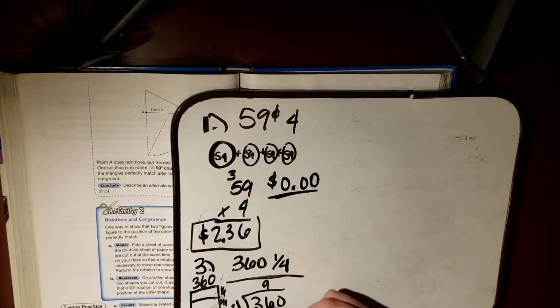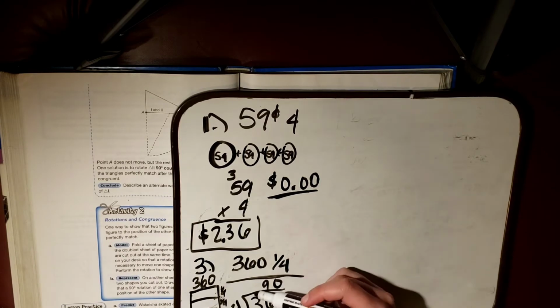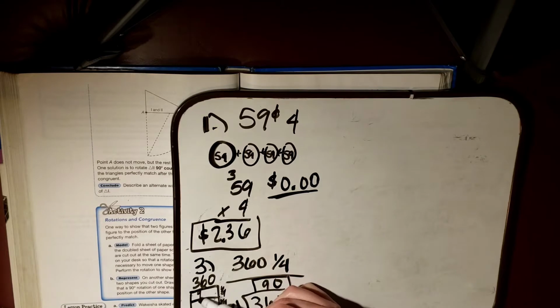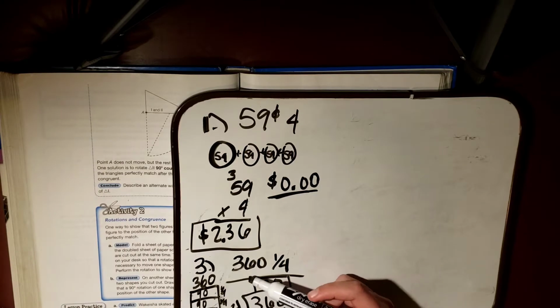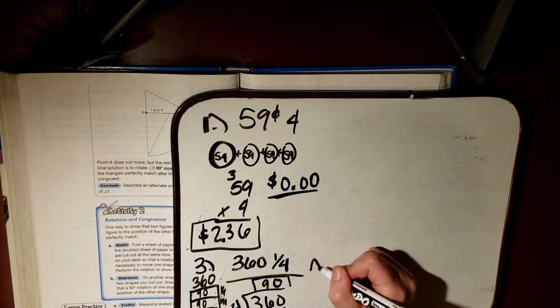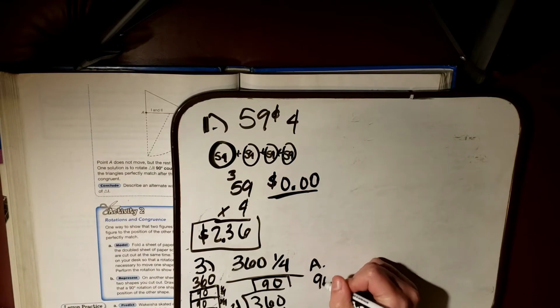Bring down that 0. 4 goes into 0, 0 times. Sorry. So it is 90. So 1/4 of 360 is 90. So 3A is 90.